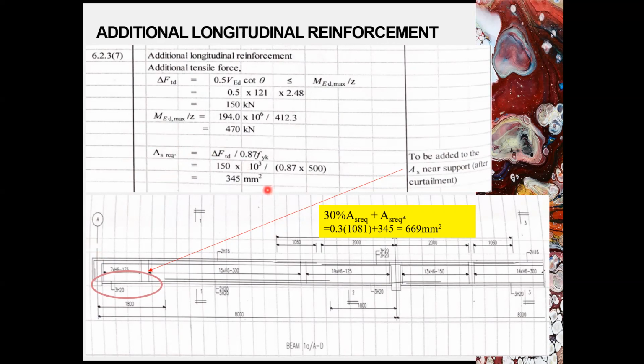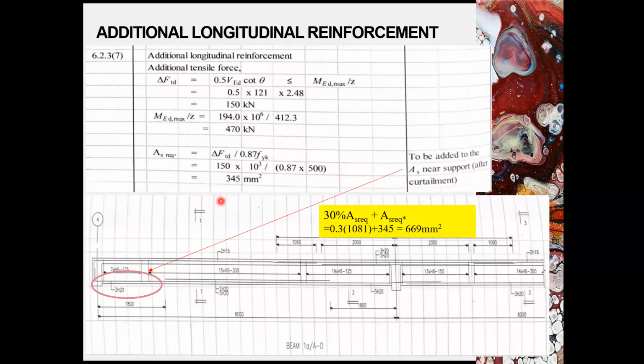So here are the As required for the mid-span tension reinforcement 5H20. When provided near the support, we allocated 30% of the As required according to the guideline.